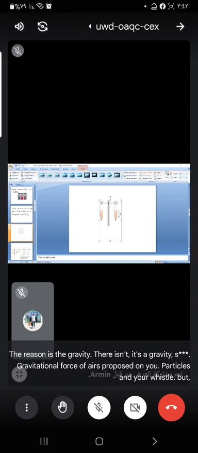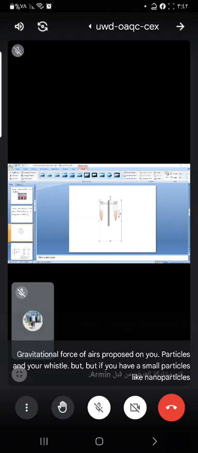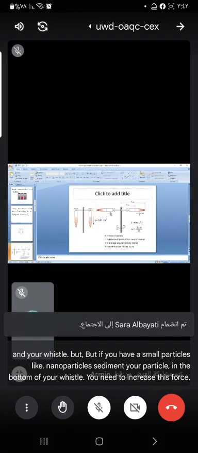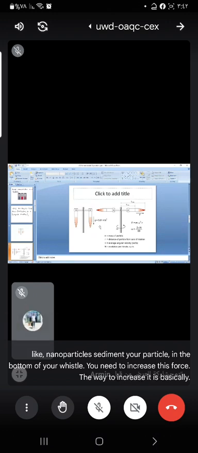But if you have small particles like nanoparticles, to sediment your particles in the bottom of your vessel, you need to increase this force. The way to increase it is basically rotation.